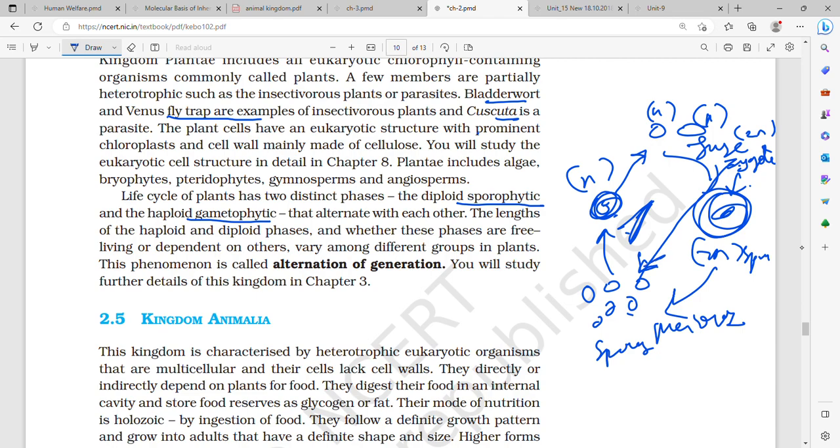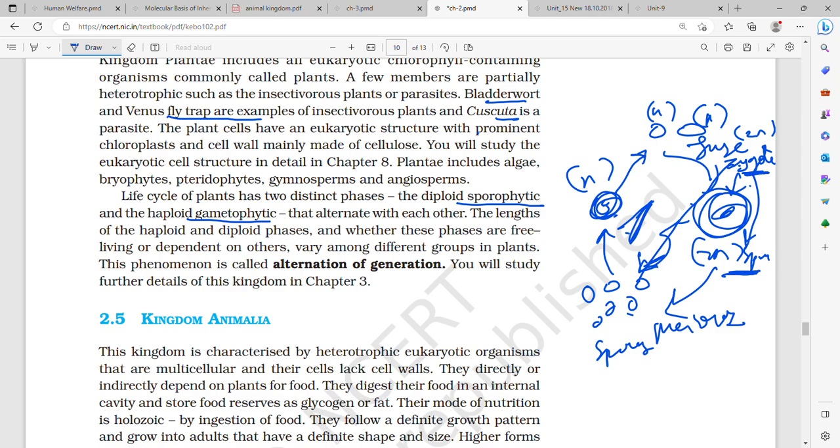Then in bryophytes, pteridophytes, gymnosperms, and angiosperms, zygotic mitosis takes place. That is, from the zygote, by mitosis, the 2N diploid sporophyte is formed. Since zygotic mitosis takes place, they are also called embryophyta.